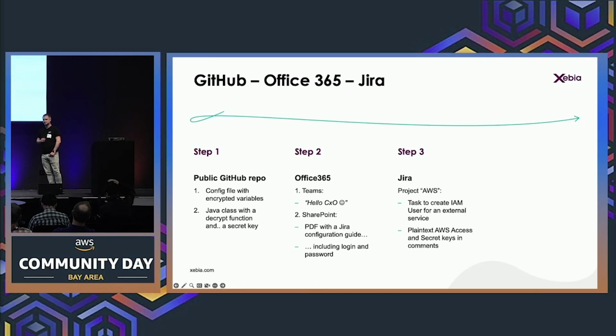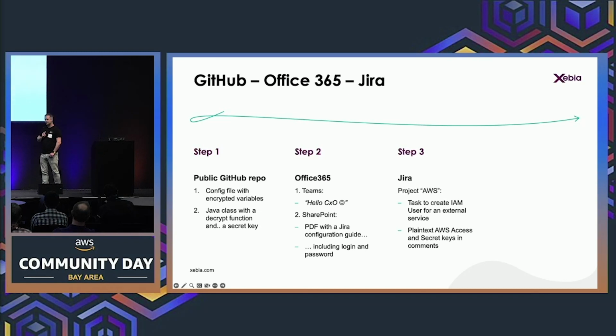And I don't need the data of that company. I don't need any other access. I'm looking for AWS access. So when in Jira, hey, give me all projects with AWS in the name. There were some, and in one of the projects, there was a task. We need an IAM user and access and secret key for our external tool to communicate with AWS.